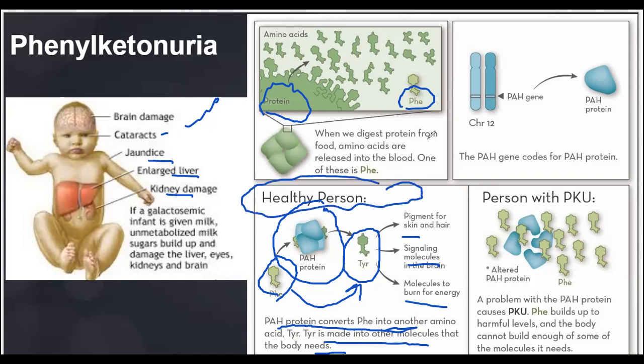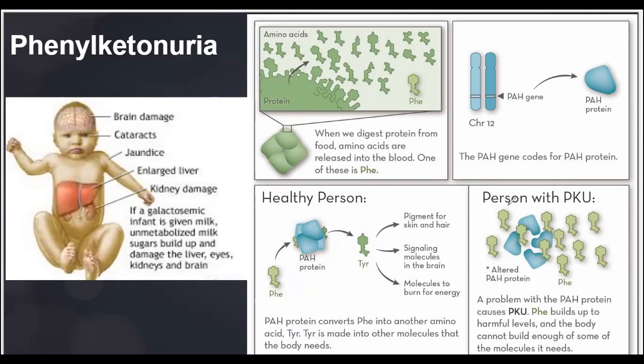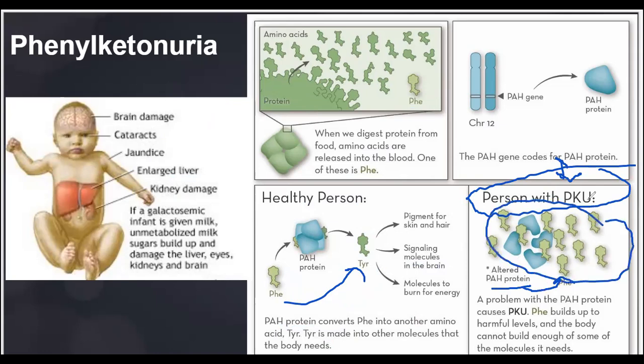What happens if there is some defect? If the PAH protein is not able to convert phenylalanine into tyrosine, it means the enzyme is not made properly, it's not functional, because of some gene defect in the person. So the person will suffer from phenylketonuria. The altered PAH protein will not be able to convert phenylalanine into tyrosine, so you will see a piling up of phenylalanine in the body.